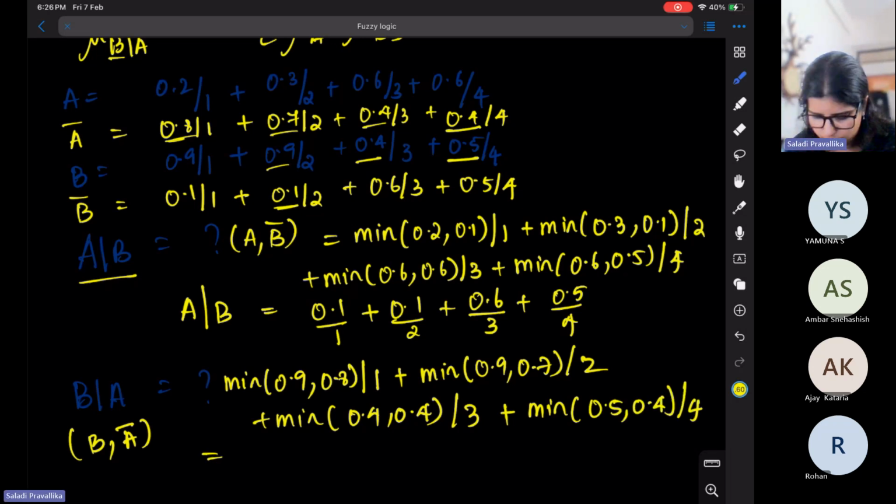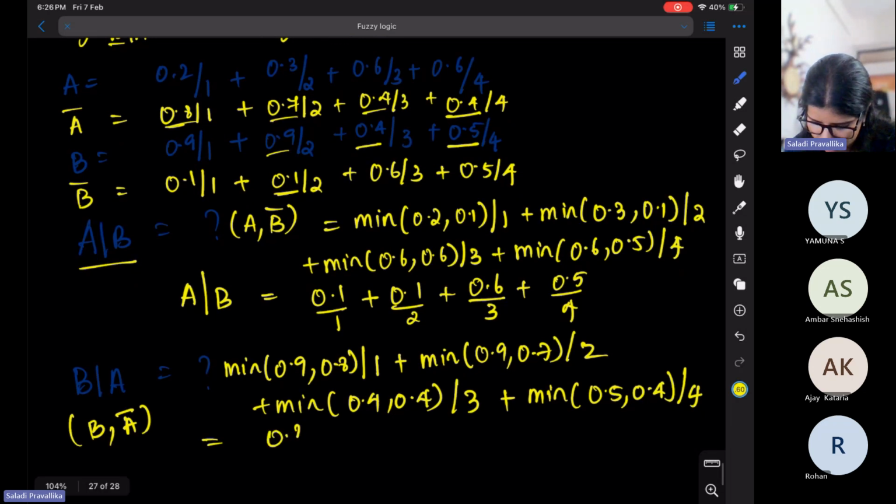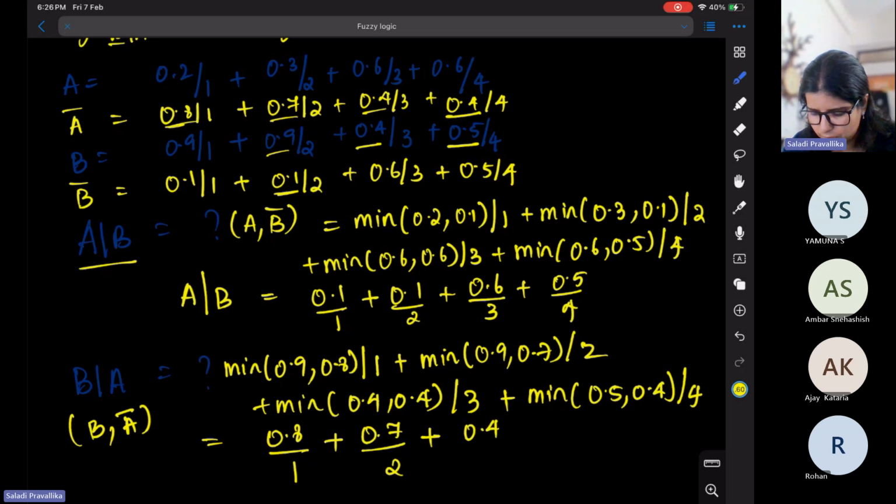All right. So the values are 0.8 for x equal to 1, 0.7 for x equal to 2, 0.4 for x equal to 3, and 0.4 for x equal to 4.